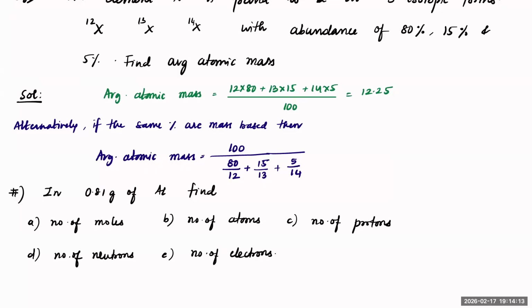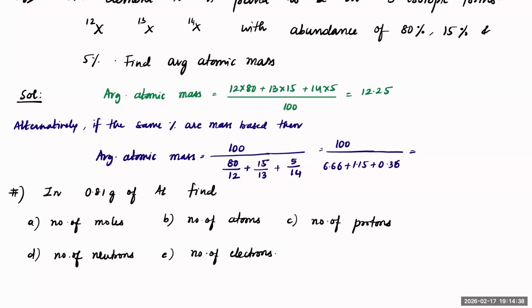Clear? So let me put those values. 80 divided by 12, which is 6.66. 100 by 6.66. Then 15 by 13, 1.15, plus 5 divided by 14, which is 0.36. Got it?